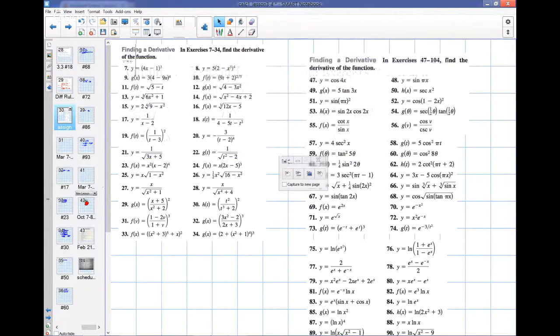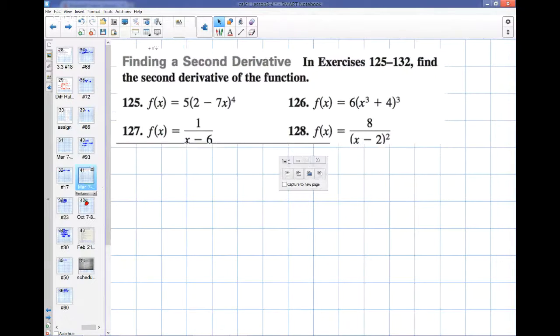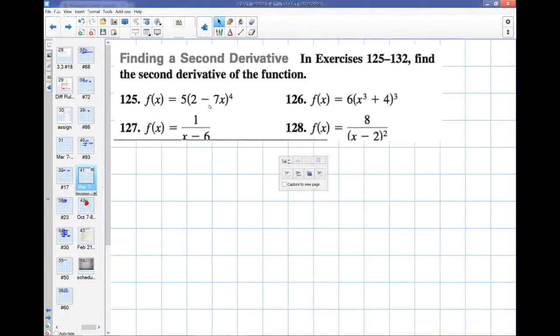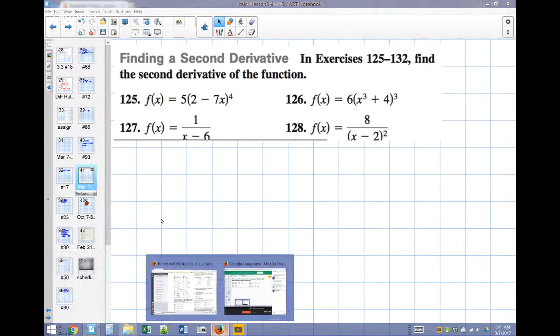Okay, and then let's come down here and we'll paste it in. Well, I barely got that. Okay, that wasn't so good. So let me go back and look at what was 129.